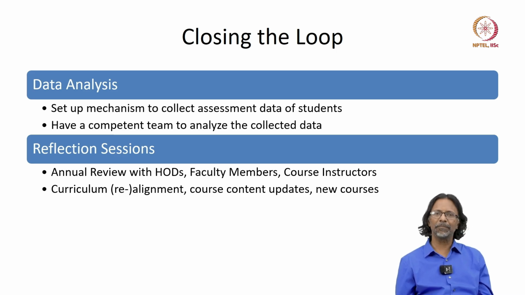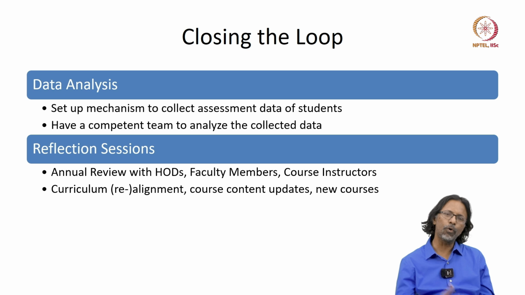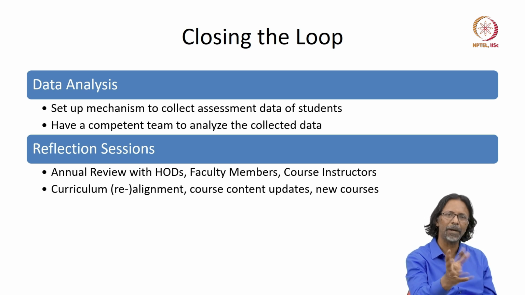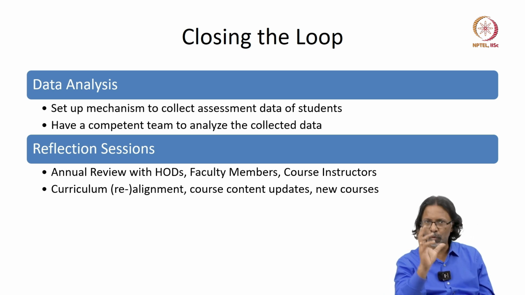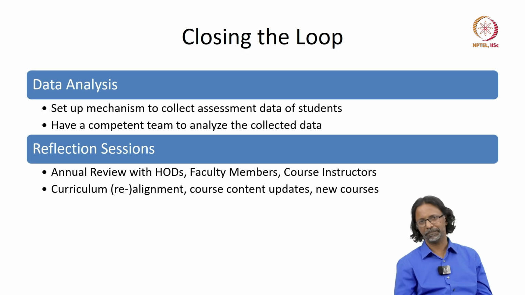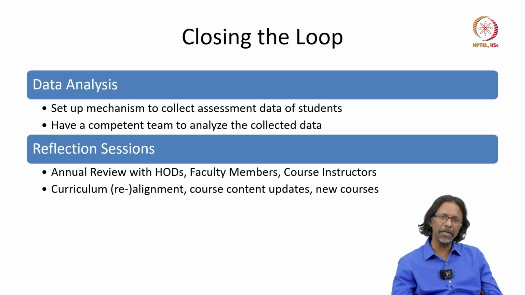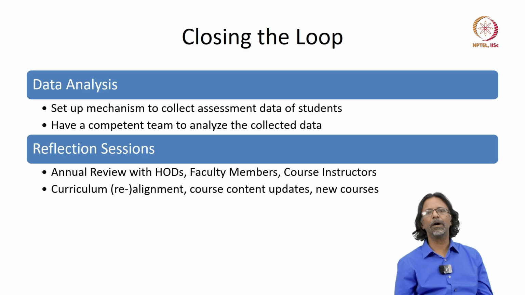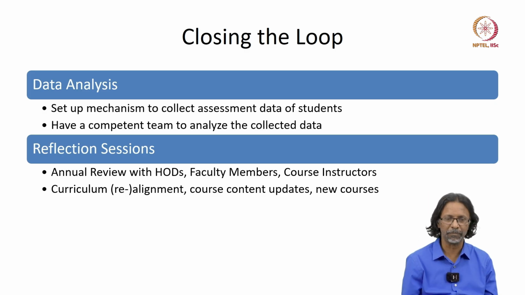If there are specific patterns at a very specific skill level, then we may need the course instructors to strengthen the lab component of the particular course where that skill is expected to be covered. That is why we need 360-degree involvement in these reflection sessions.